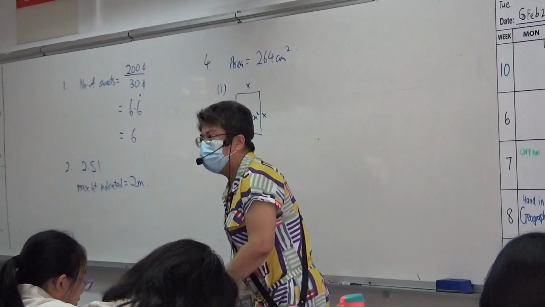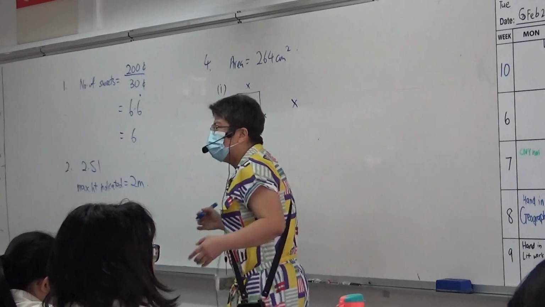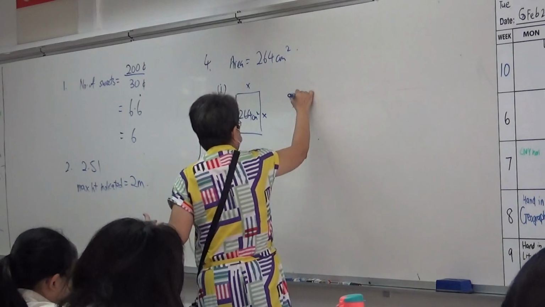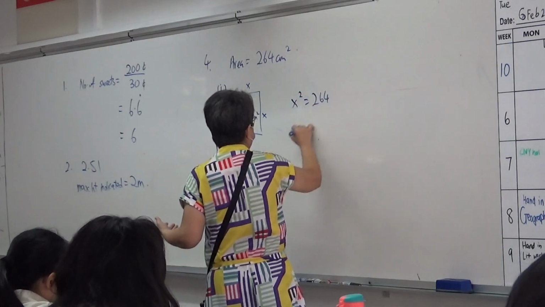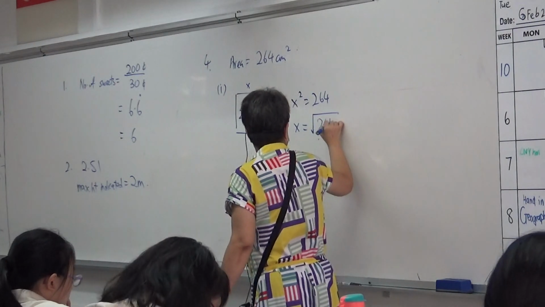X times x, give me what? X times x, I know 264, x times x is what? X squared is 264. So x will be the square root of what? 264. Okay.